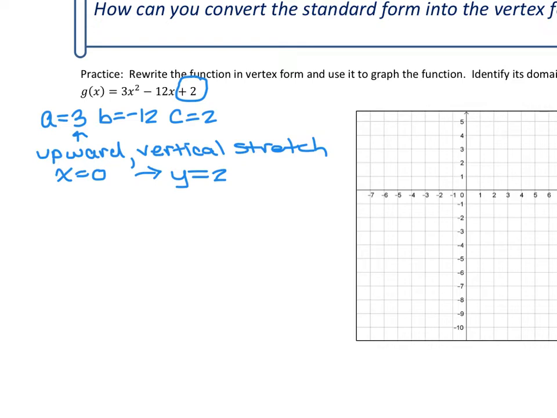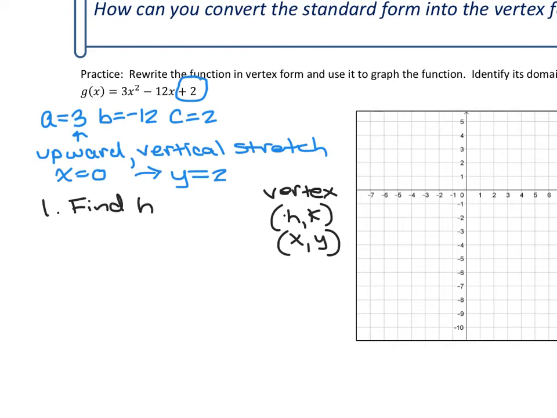Okay, so let's start looking at how we can convert this to the vertex form to help us graph. So we know our vertex is a minimum here because it's upward facing. Our vertex is (h, k), which is an x and a y. All right, so step 1, we're going to find h.